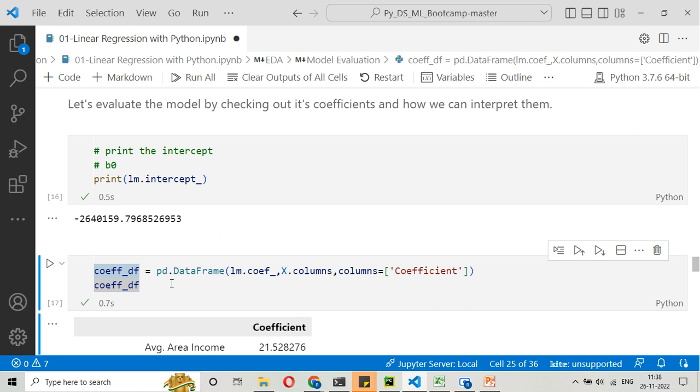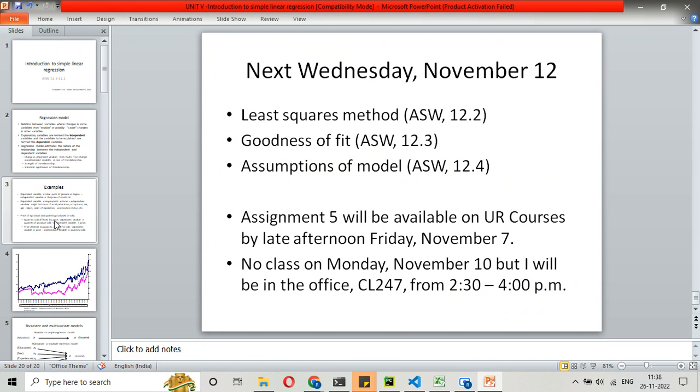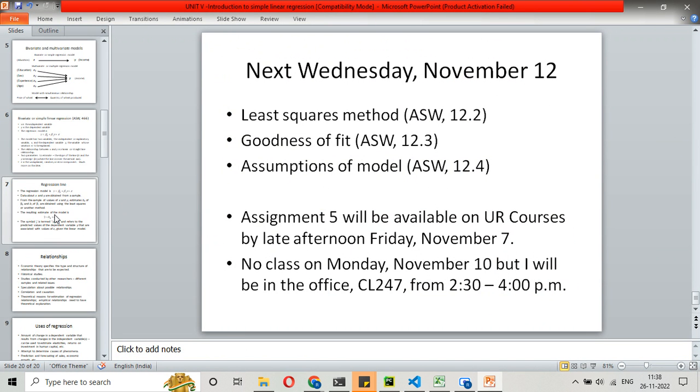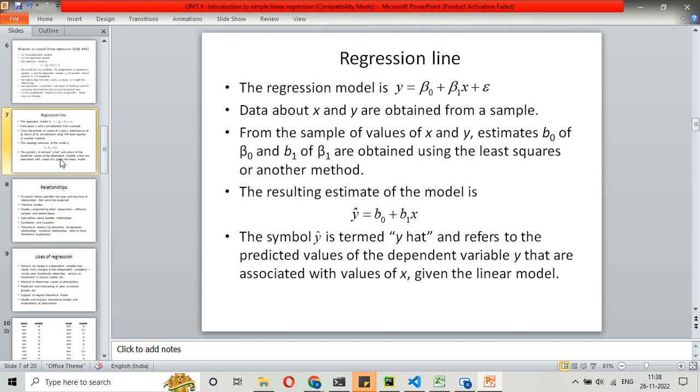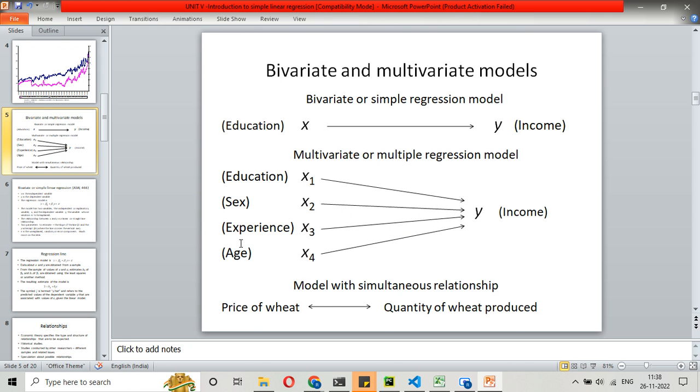you will get the values, because remember now you are doing multivariate, not bivariate. So instead of one b1, we will have many b values, four or five.